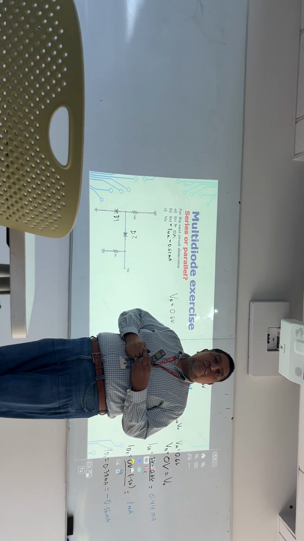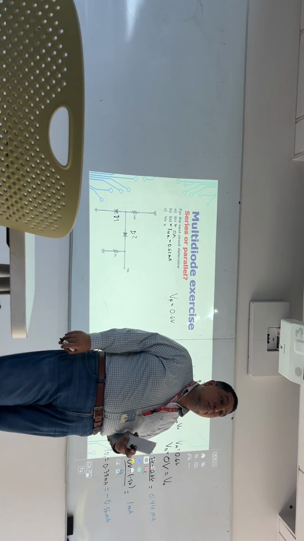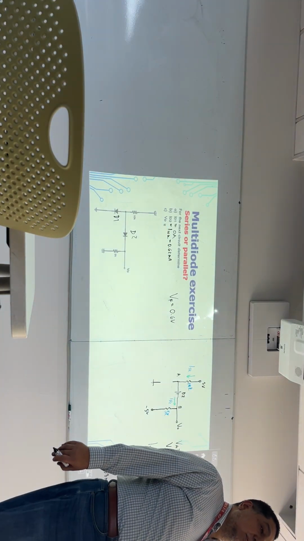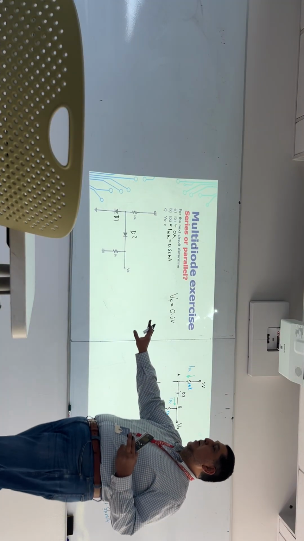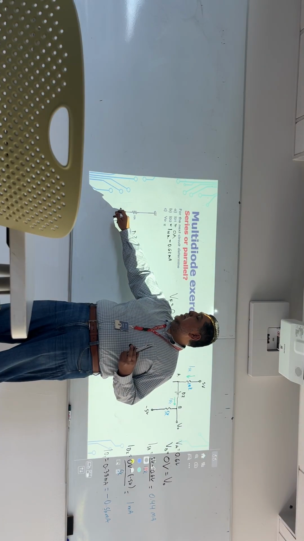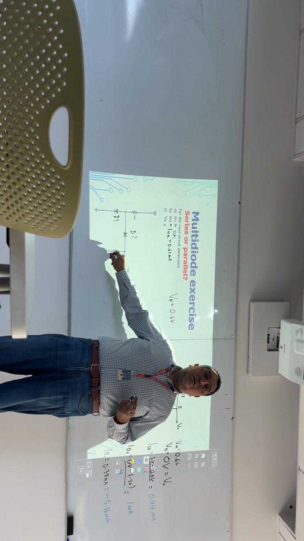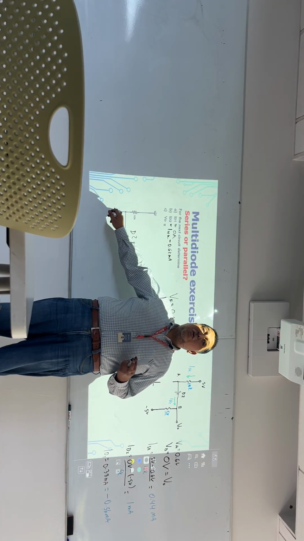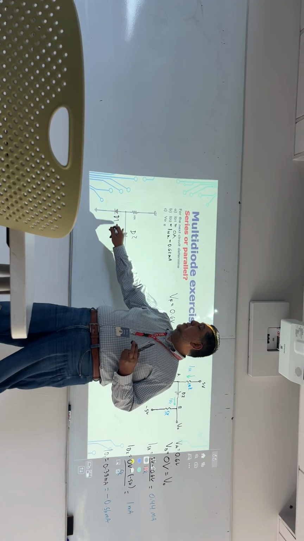Now what about the zero? Can it be 0? Now it cannot be 0 anymore because since this diode is off, you cannot say that here we have 0.6 minus 0.6, 0. Now this value is no longer 0.6. So you need to recalculate the 0.